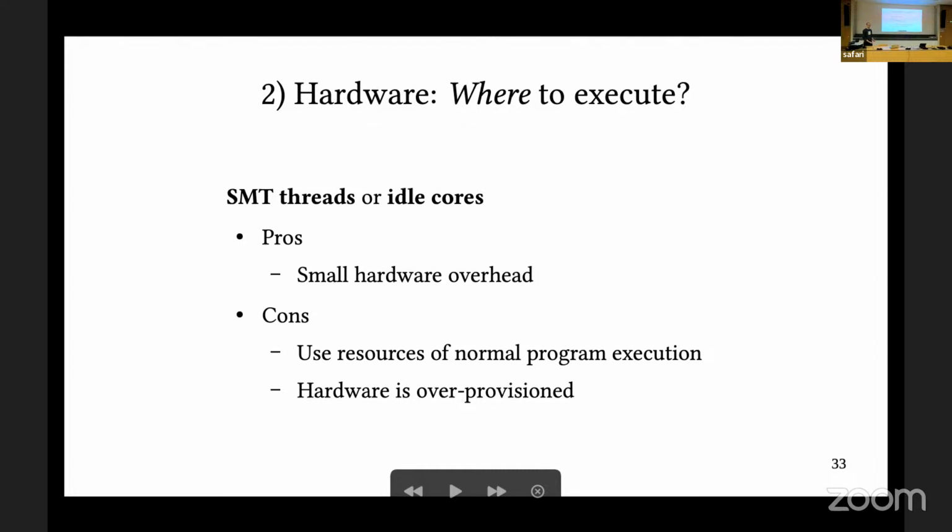It does way more than we need for dependency chain execution. It has like 8-way square roots of doubles, right? And we never need that for dependency chains, so it's over-provisioned, as they call it. Yes, but obviously it's easy to do, right? You have a lot of what you need already there in hardware.